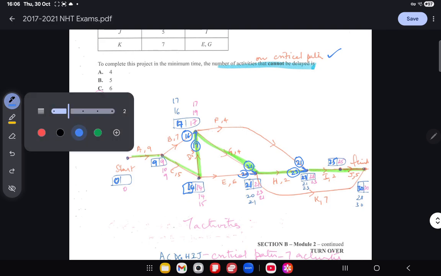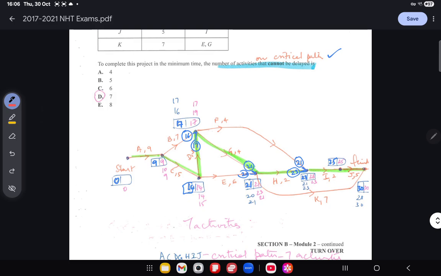Now, if we do a backward scan, we start with placing 30 in that last box there, and 30 take away 5, which is duration of J, is 25. And then 25 take away 2 is 23. And then if we go along F, 23 take away 4 is 19.